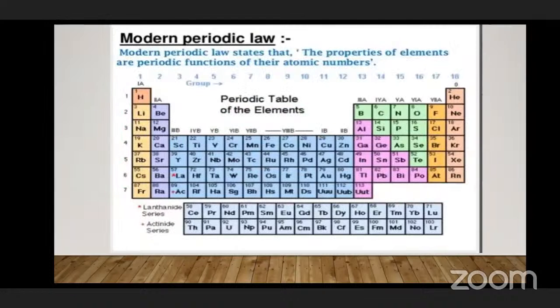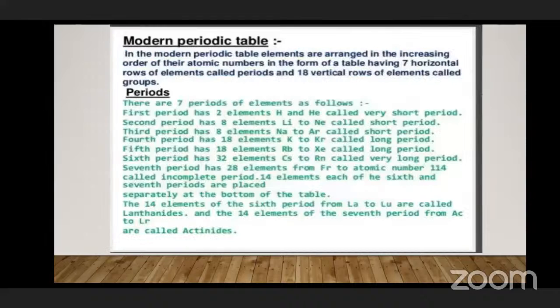Observe the periodic table: atomic number 1, hydrogen, with the orange color, and helium, atomic number 2, is the second element. That is considered the first period, and it is the shortest period in the periodic table. Why do we consider it the shortest period? Only hydrogen and helium can be the elements in the first period.